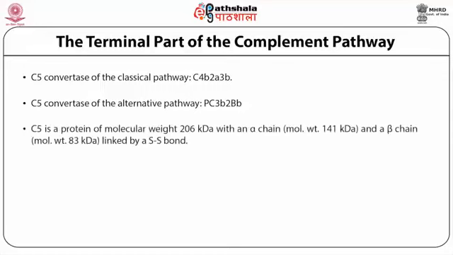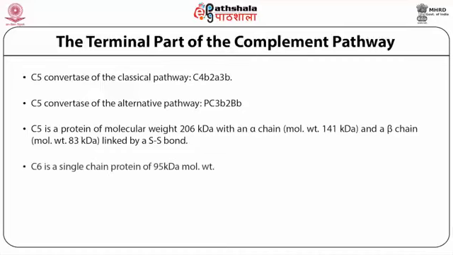C5 is a protein of molecular weight of 206 kilodalton with an alpha chain which has a molecular weight of about 141 kilodalton and a beta chain with a molecular weight of 83 kilodalton. Both alpha chain and beta chain are linked by a disulfide bridge.